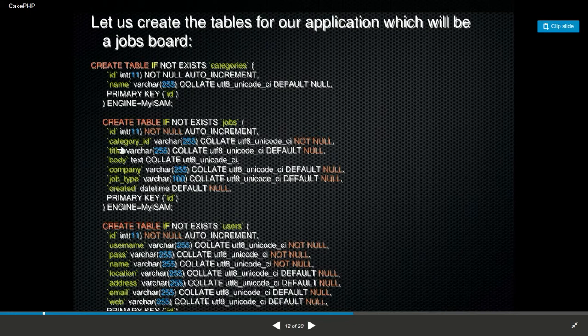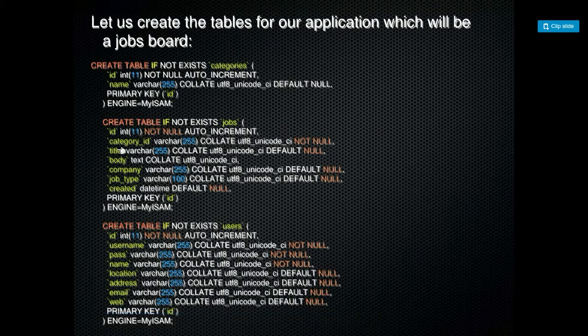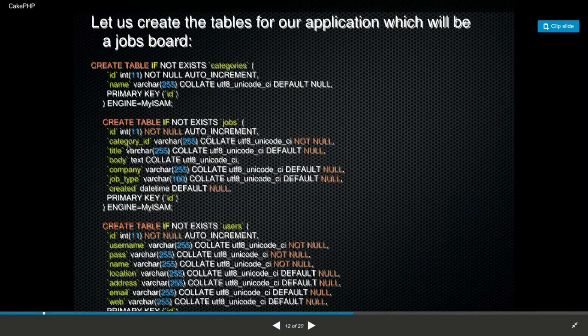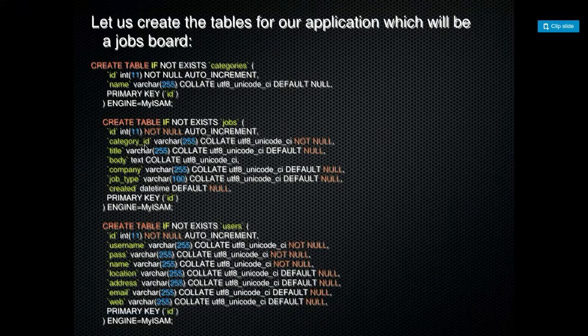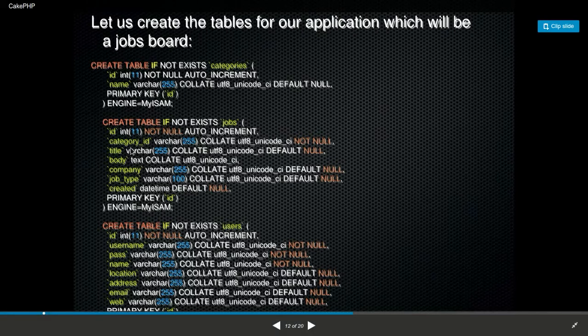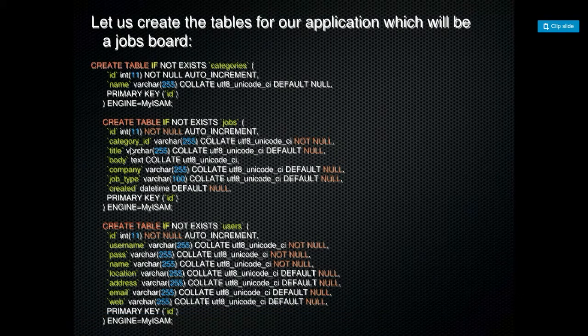The name of the foreign key will be the singular form of the table it references, then underscore and id, which is the primary key of that particular table. So this is how we will name our foreign key in any table. The foreign key will be the singular form of the table name, underscore id.